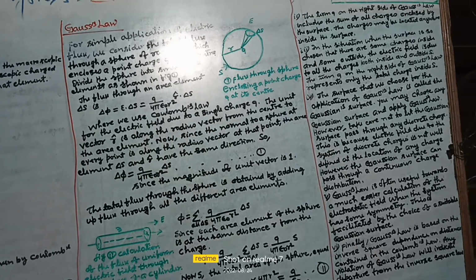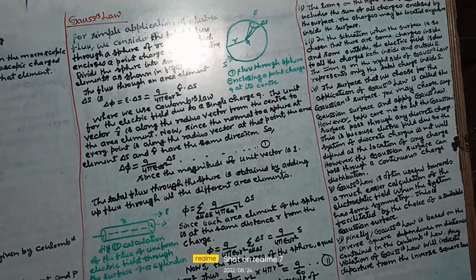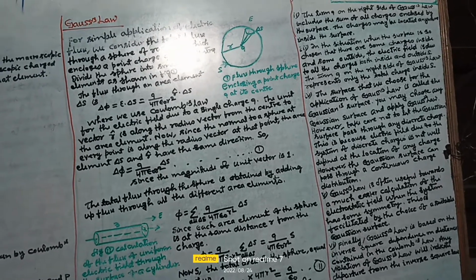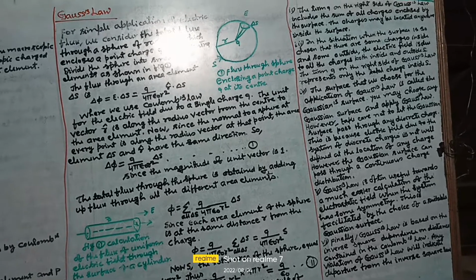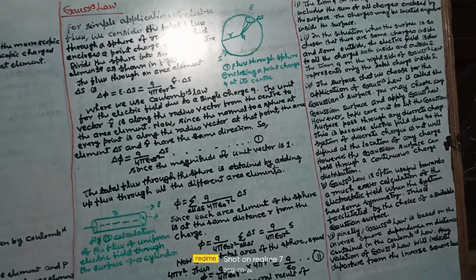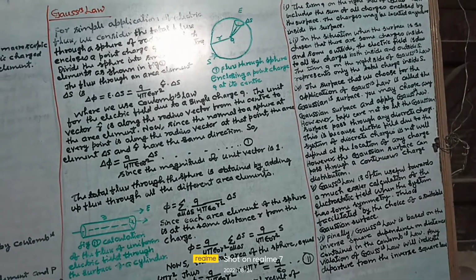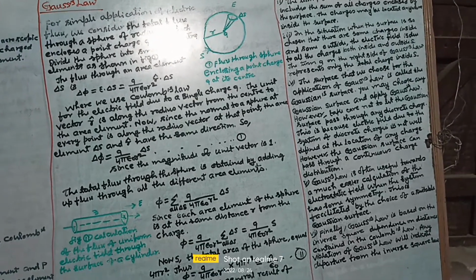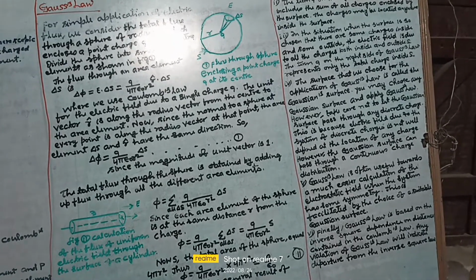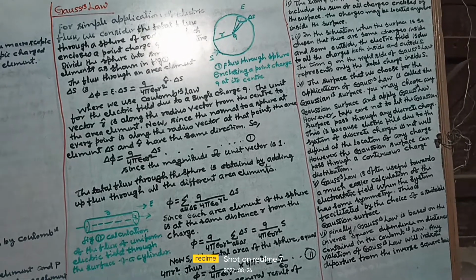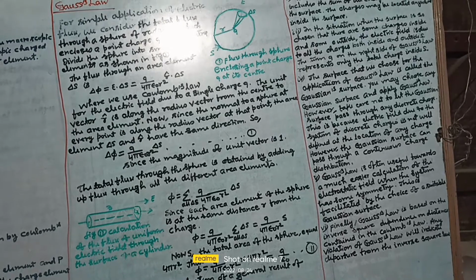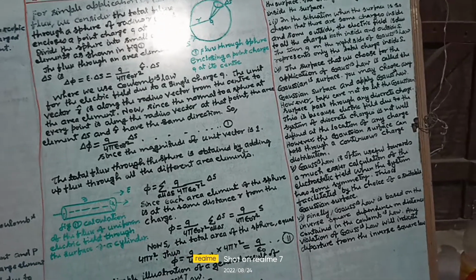Since the normal to a sphere at every point is along the radius vector, the area element delta S and R have the same direction. So delta phi equals Q by 4 pi epsilon naught R square delta S, since the magnitude of the unit vector is 1. The total flux through the sphere is obtained by adding up the flux through all the different area elements. Now, phi equals summation over all delta S of Q by 4 pi epsilon naught R square delta S.